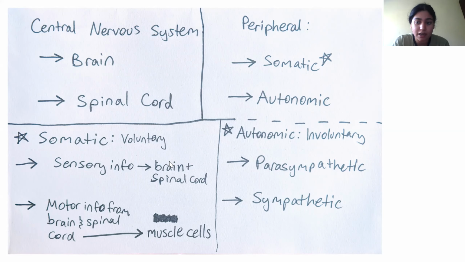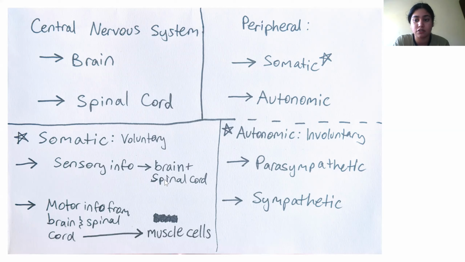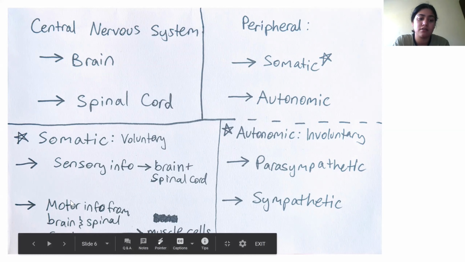The somatic nervous system generally has to do with voluntary movement, and we talked about this already, where it's the sensory cells that send information to the central nervous system, and then the process of transmitting motor information from the central nervous system to muscle cells.